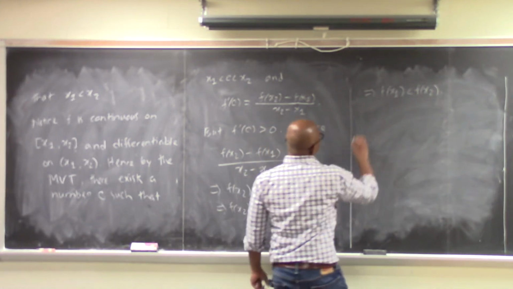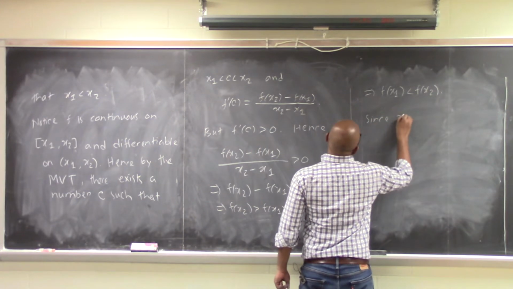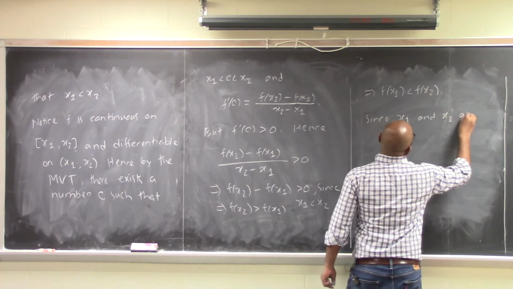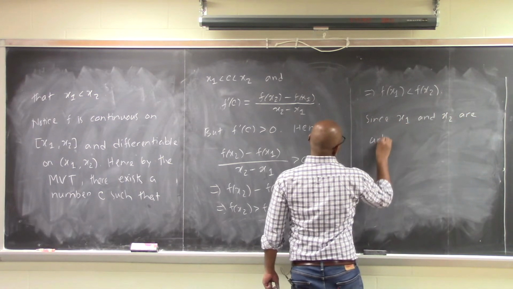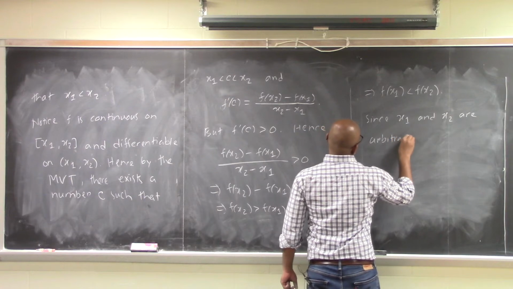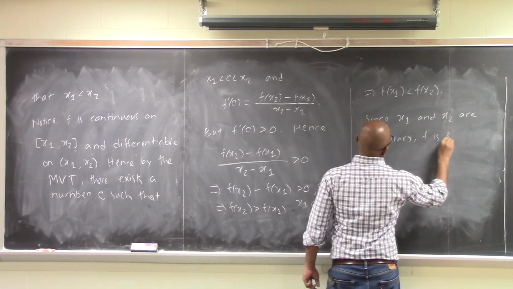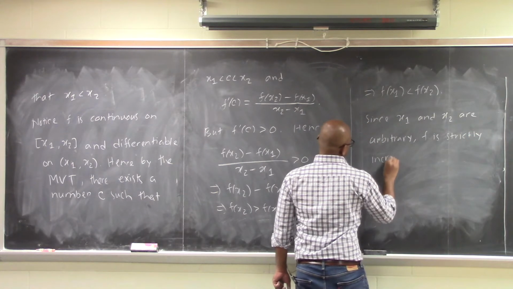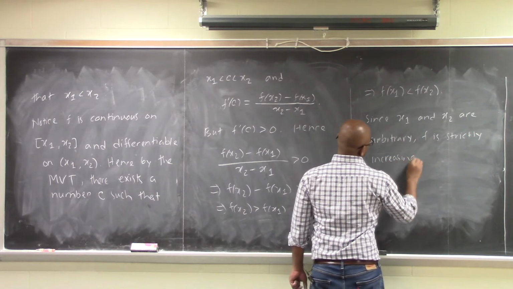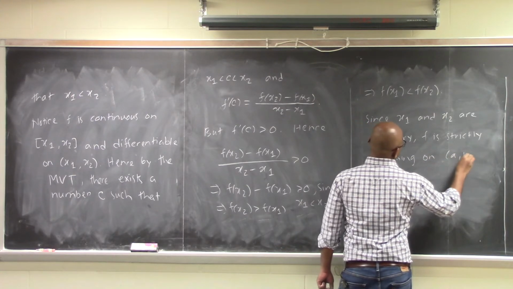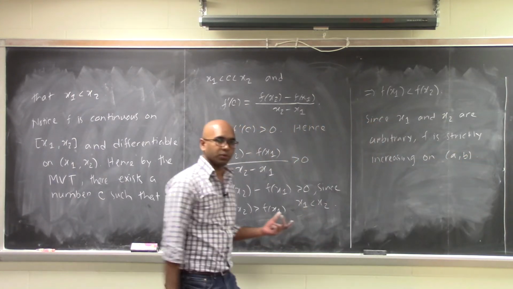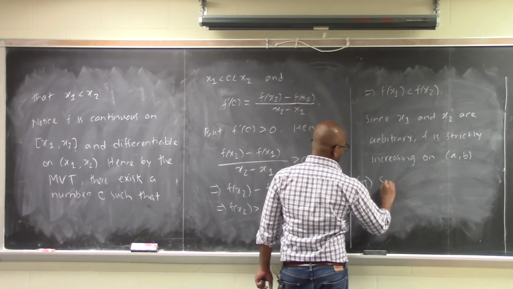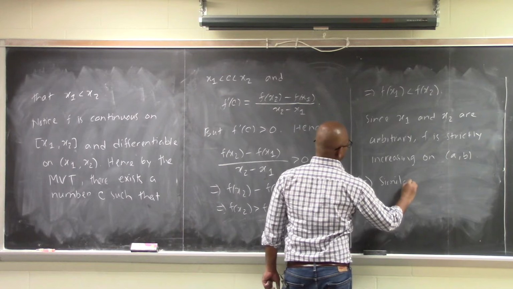Since x1 and x2 are arbitrary, f is strictly increasing on this interval a to b. Okay, that's the end of the proof. And for the decreasing function, you can just follow this proof. You'll be able to do that.